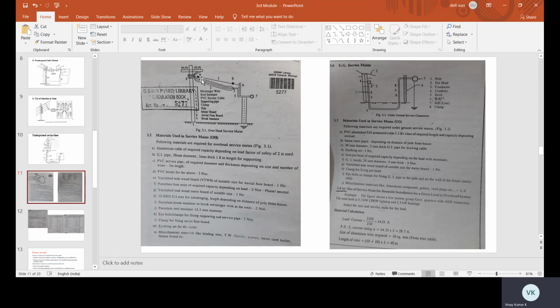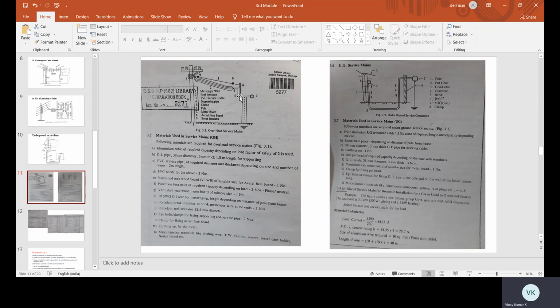So first we have to calculate the length of the cable. How to calculate the length of the cable? We have to consider from the 11 kV to the fuse board, from the fuse board to the GI pipe, from the GI pipe to the energy meter. The amount of cable required from the 11 kV main supply to the energy meter comes under service lines.